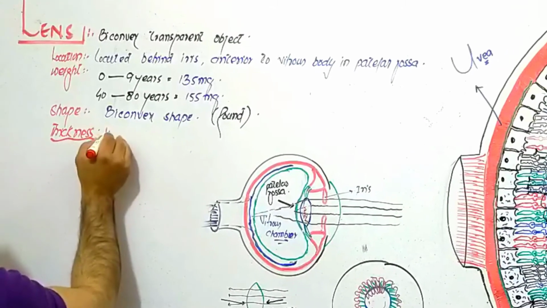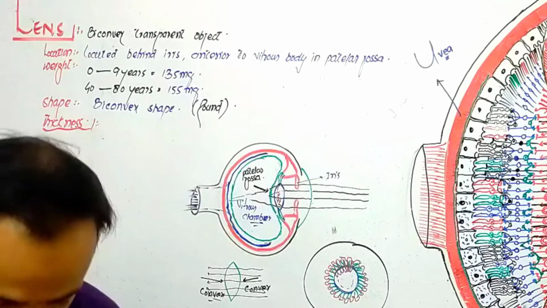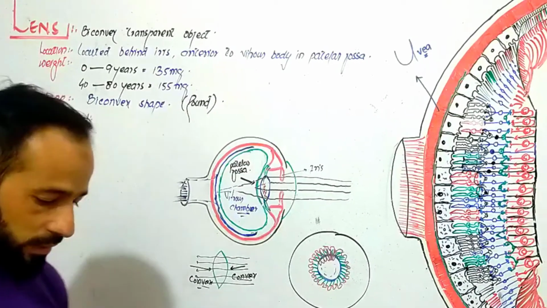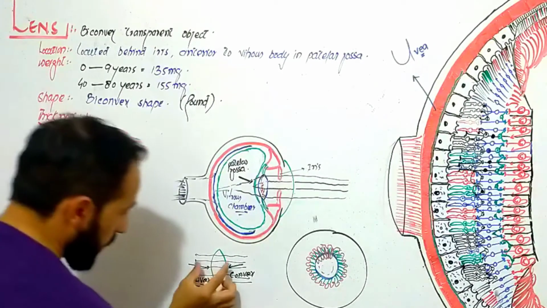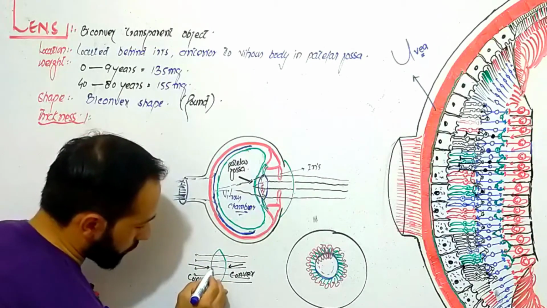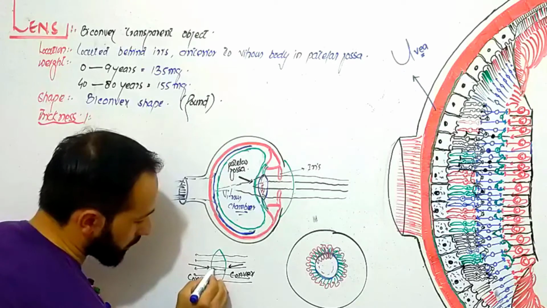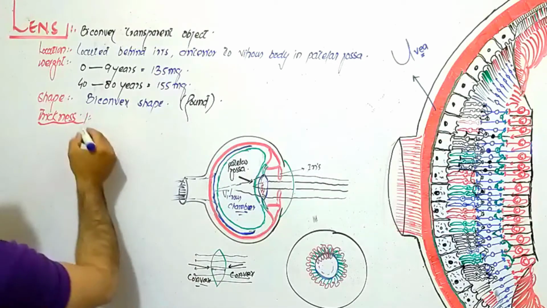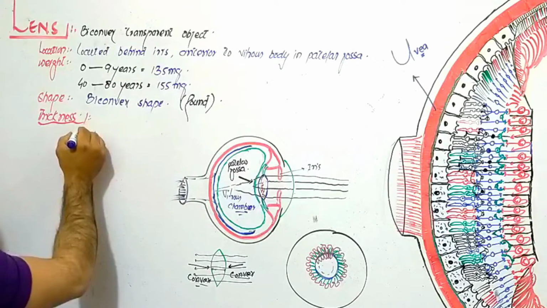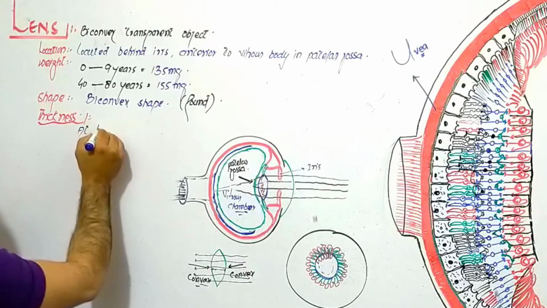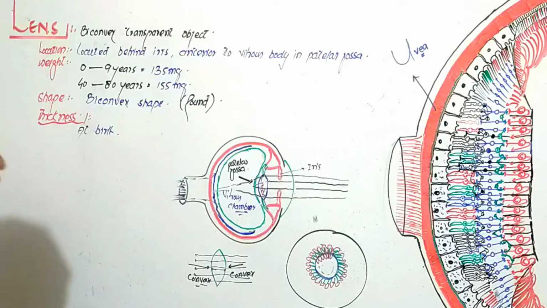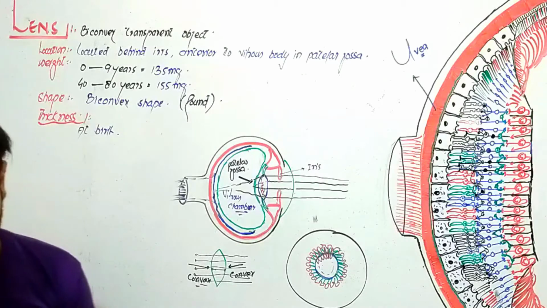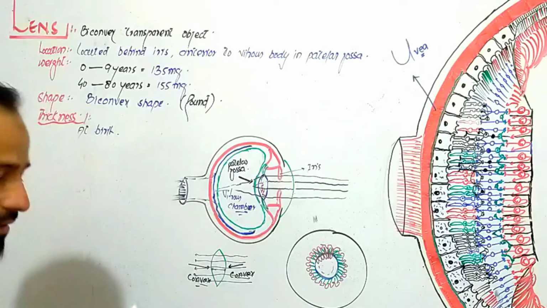Now the next important thing about the lens is the thickness of your lens. Look carefully. Thickness means, when the baby is born, from here up to here, what is the thickness, right? At birth, its thickness is about 3.5 millimeters. That is so important, friends.